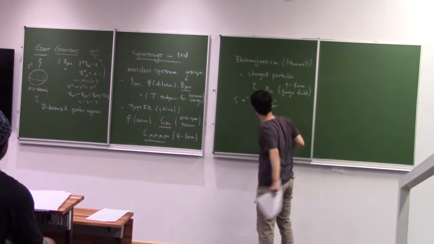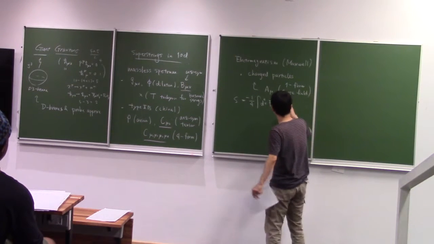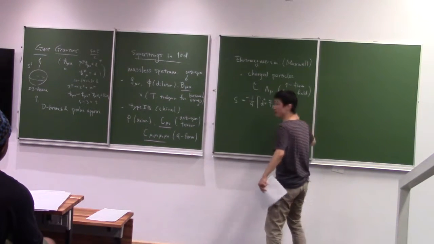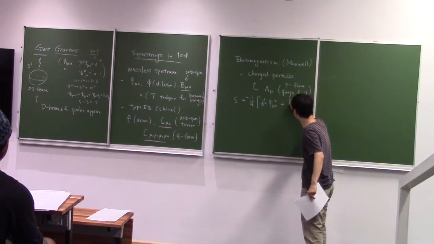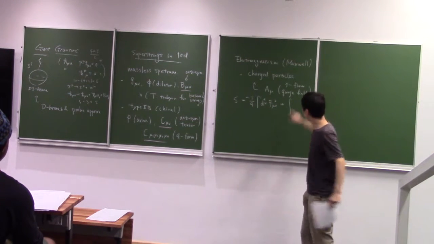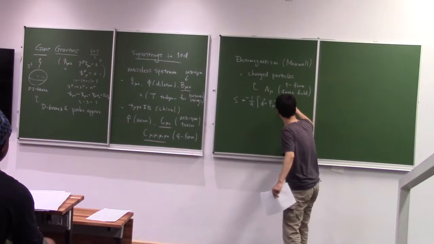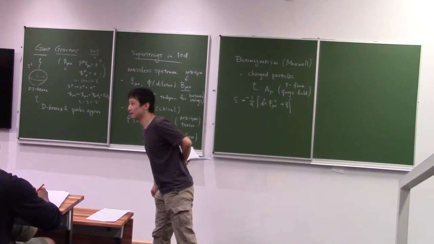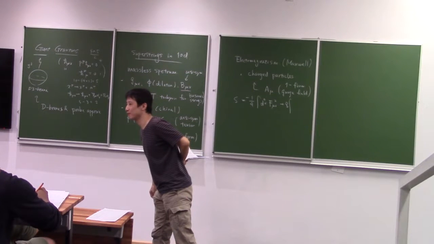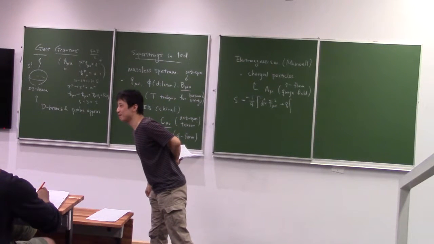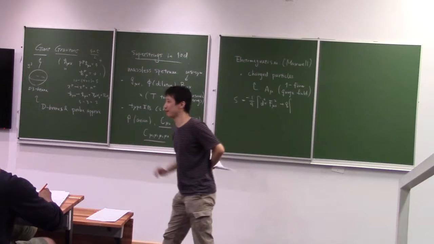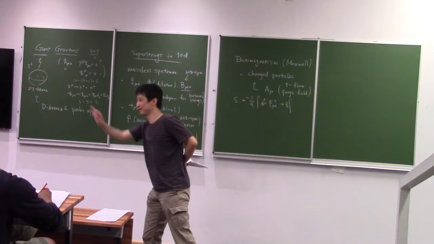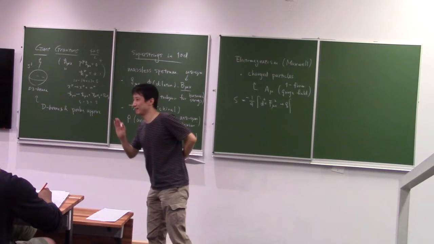I should put a minus in my equation. So then here is my question: what do you have here? Let me write charge Q. Fermionic term, okay, let me forget about fermions. That's not what I'm asking.